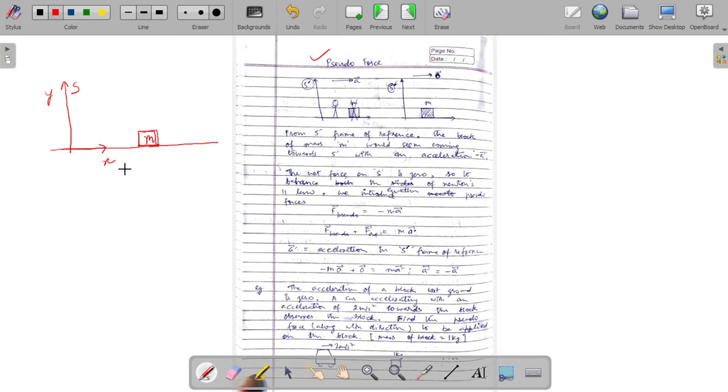So the frame of reference S is observing that the block is not moving, and therefore its conclusion is that the net force acting on the block of mass m has to be 0.